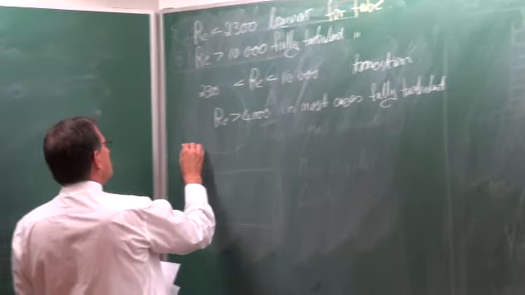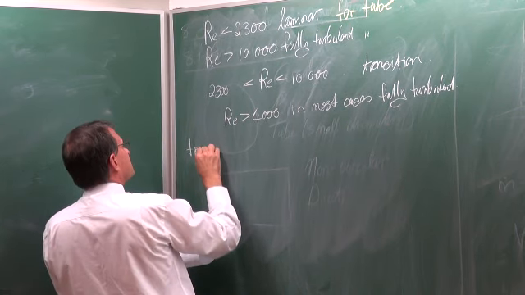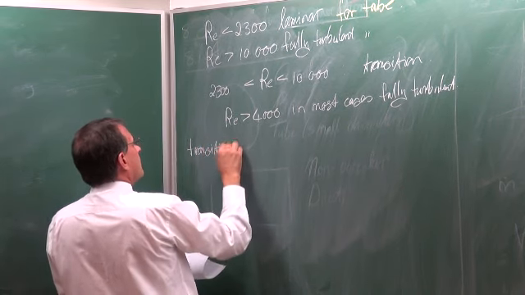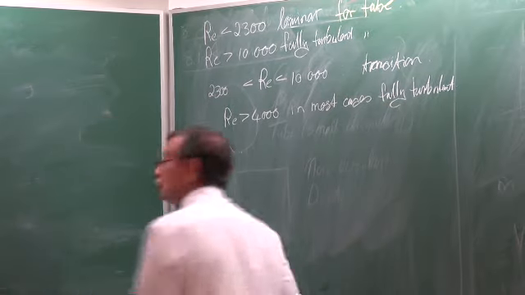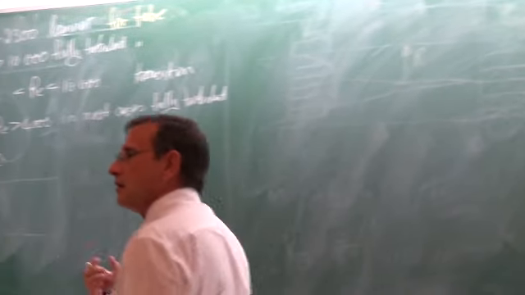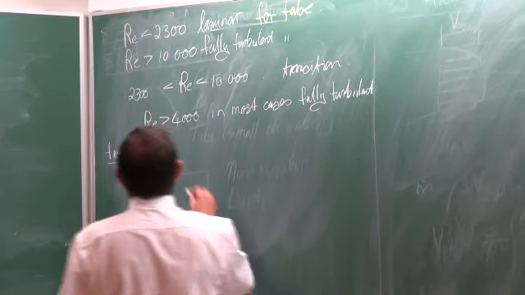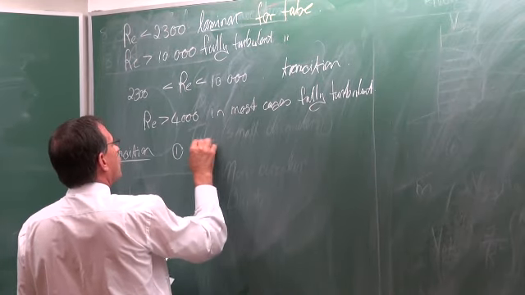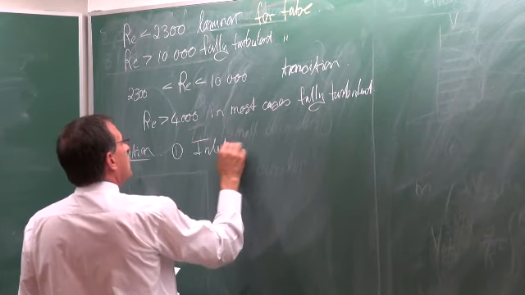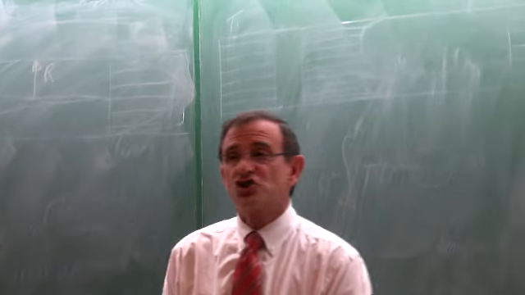Now, what is the reason for this uncertainty? It has to do with transition. How the flow changes from laminar to turbulent is influenced by quite a few things. Firstly, the type of inlet which is being used.